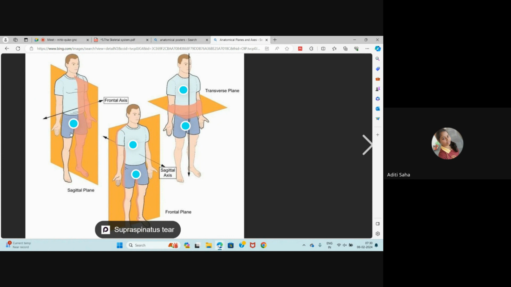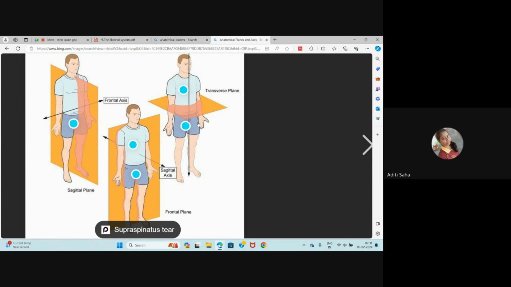So this plane is known as the sagittal plane. This plane is dividing the body into front and back equally. So this plane is known as the frontal plane.